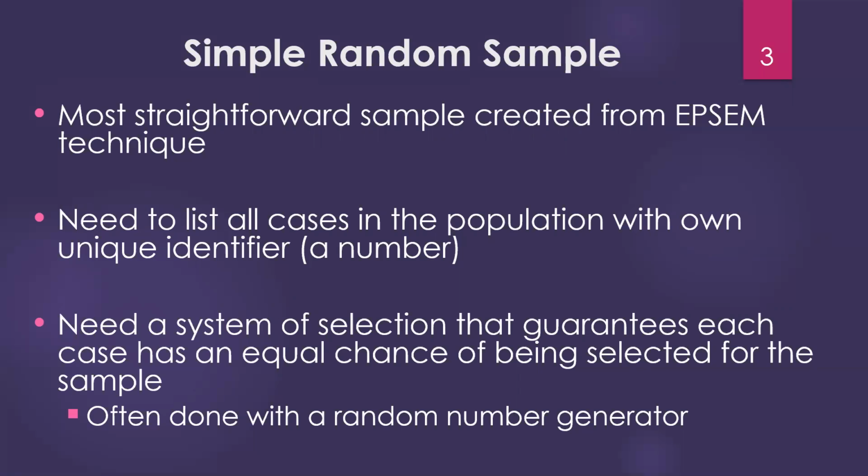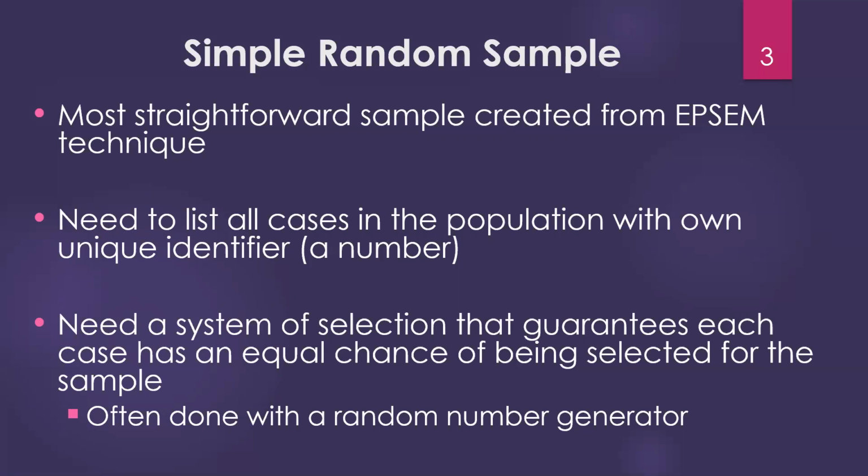And we need some system of selection that guarantees each case has an equal chance of being selected for the sample. This is often done using something like a random number generator. Excel, for example, has a random number generator, or online, you can just Google random number generator and put in a range of values like 1 to 10, and the computer spits out a randomly selected number for you.